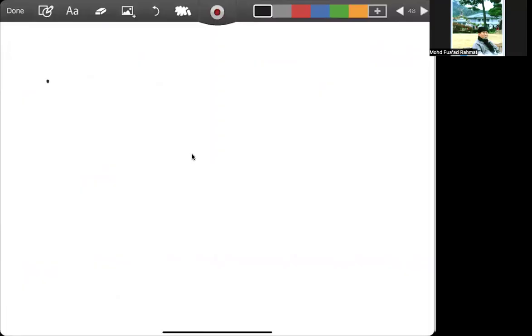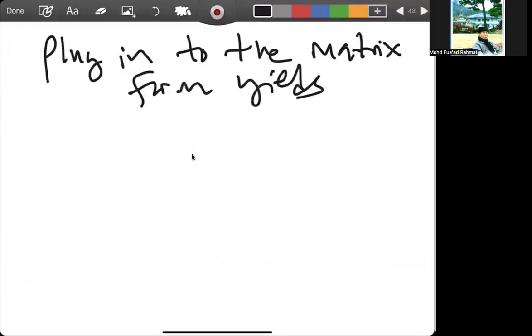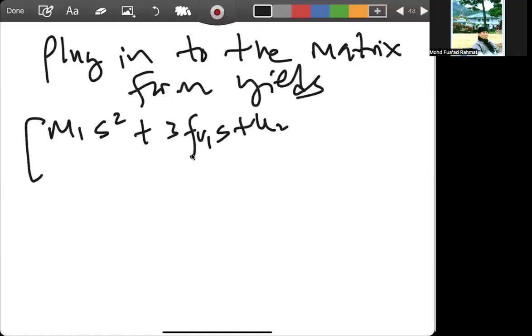Then we plug into the matrices form: M1 s squared plus 3 FV1 s plus K2, minus 3 FV1 s plus K2.